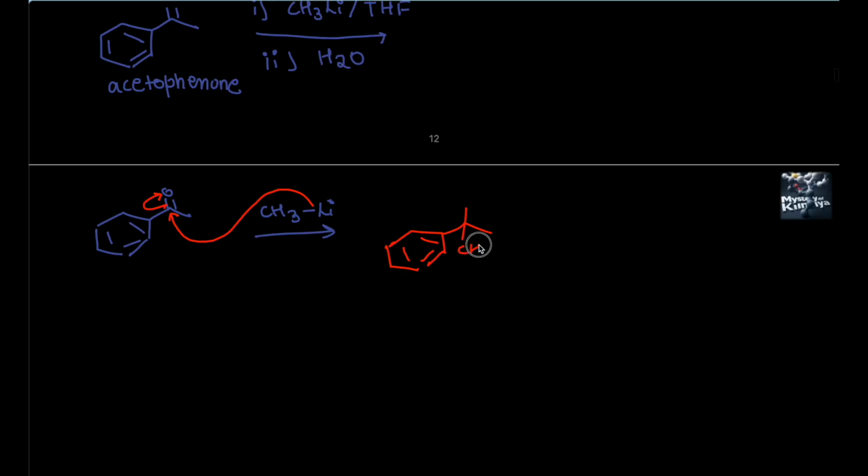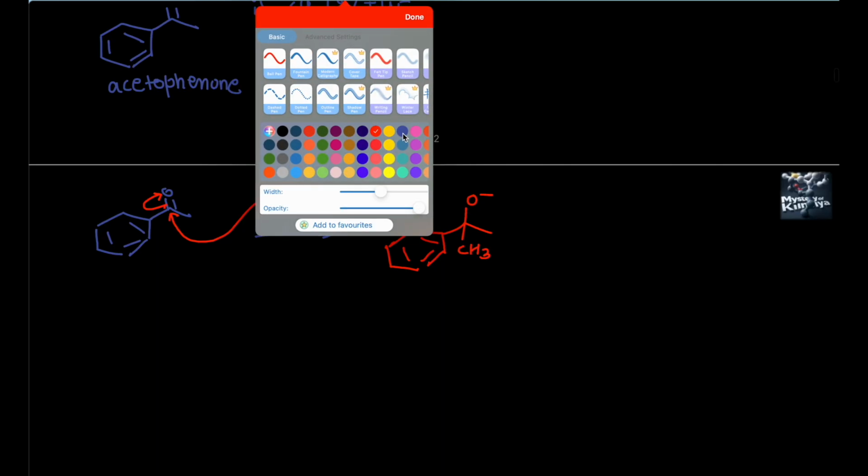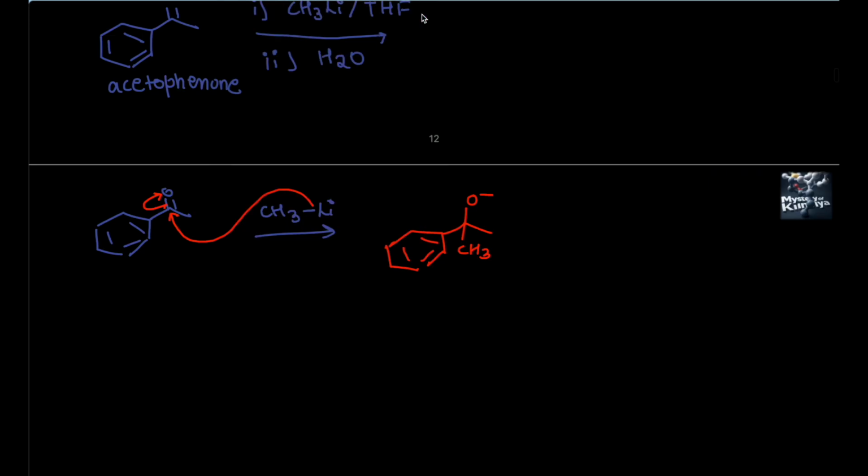Here a new carbon bond forms. Another important thing with Grignard reagents as well as alkyl lithium and organometallic reagents is that they form a new carbon-carbon bond.